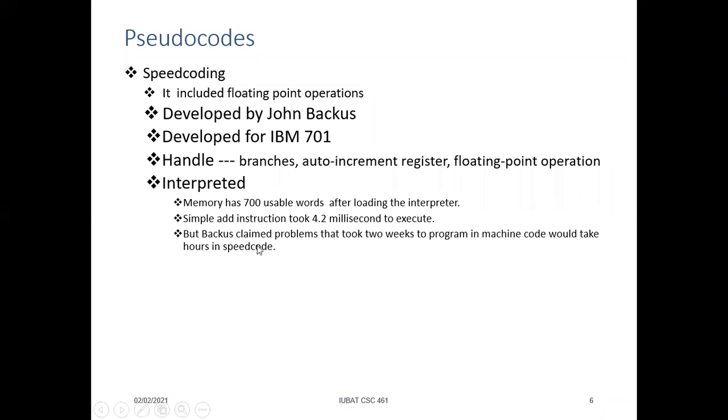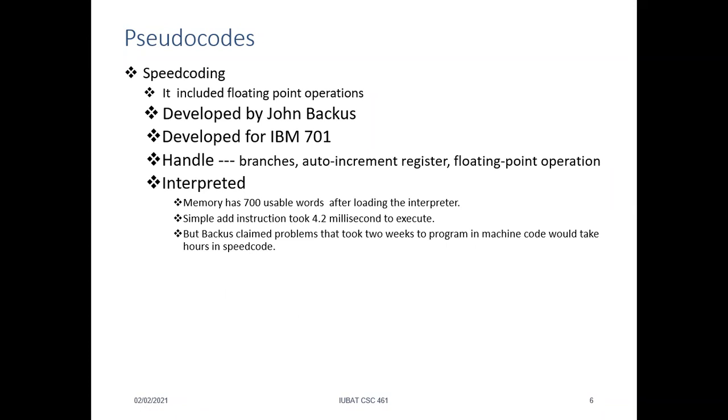That's good. But even with that, Backus, the scientist John who created the programming language, claimed that what took 2 weeks to program in machine code would take only hours in Speed Code. That means if you need 2 weeks to write a program in machine code, it will only take you hours in Speed Code.